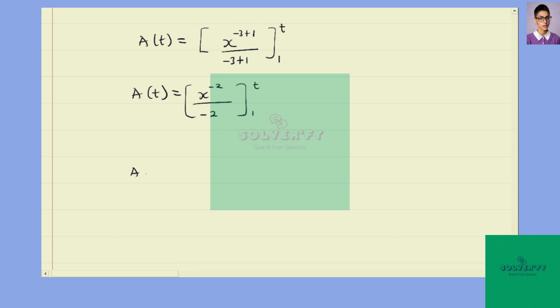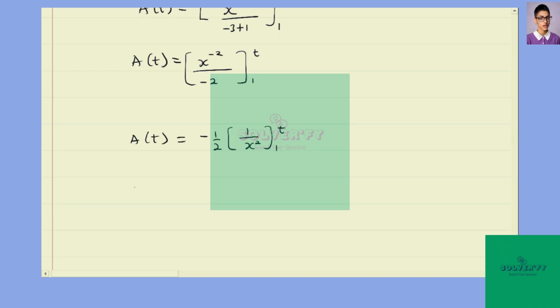So we can bring out the negative 1 over 2. Then we have 1 over x squared from 1 to t.